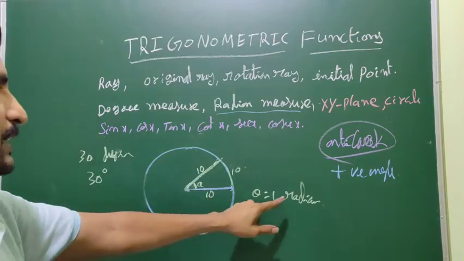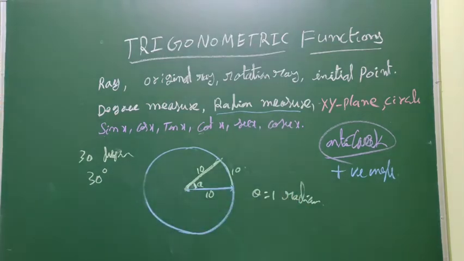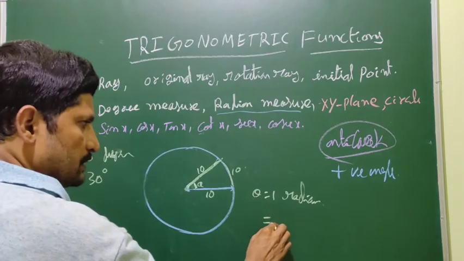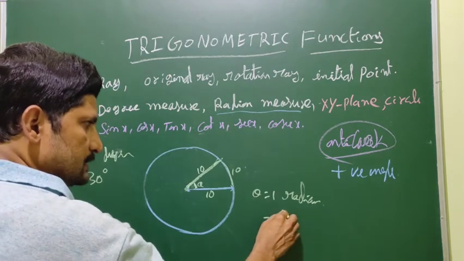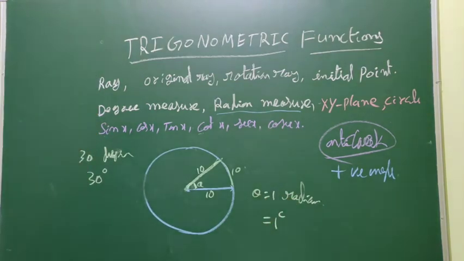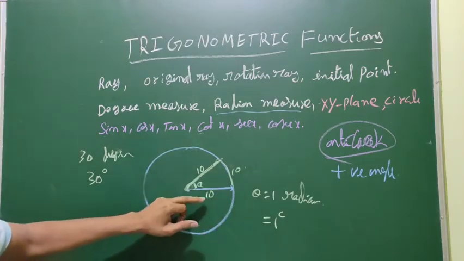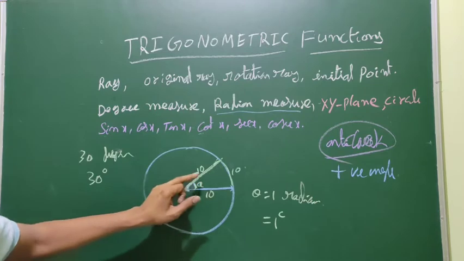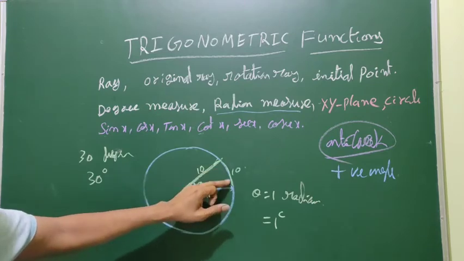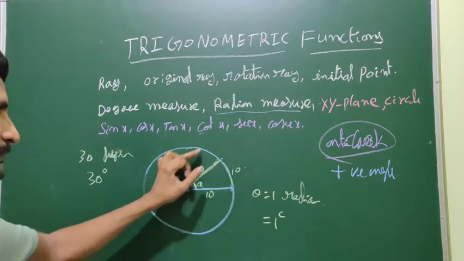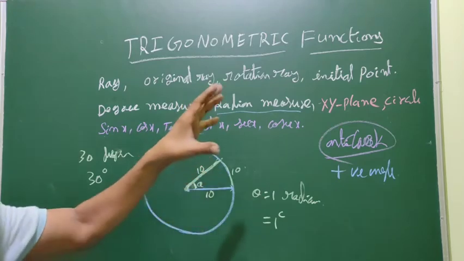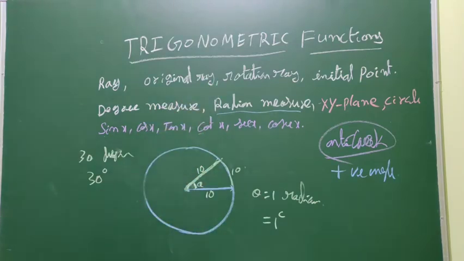Now theta is equal to 1 radian. 1 radian is written as 1 to the power of C. What is the radian? The radius and the length of the arc are equal, that is 1 radian.